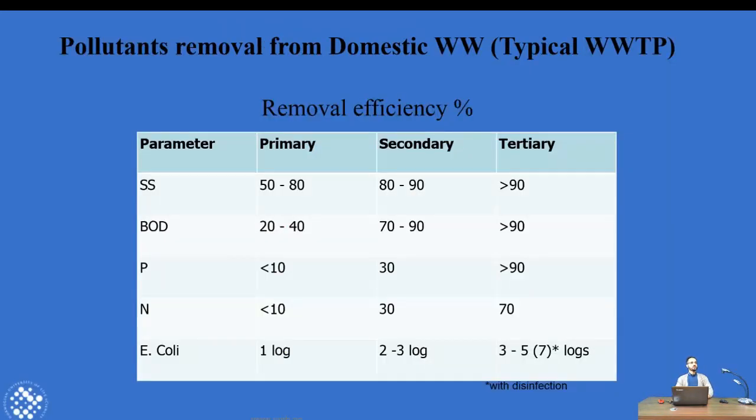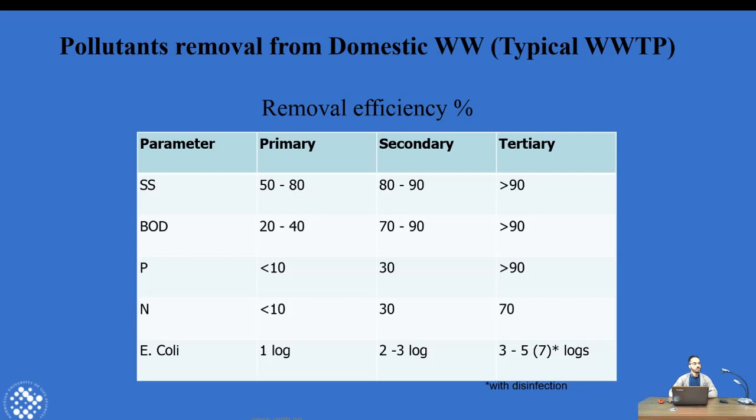The pollution removal efficiency could be summarized in this table, using a typical wastewater treatment plant. We have 5 parameters: suspended solids, BOD, phosphorus, nitrogen, and E. coli as bacteria.